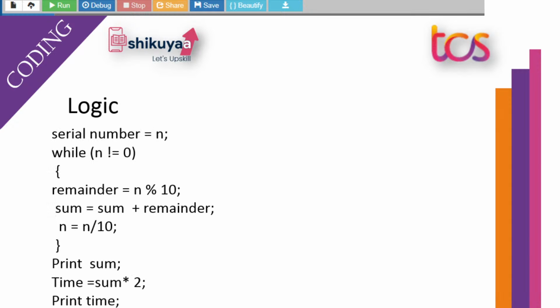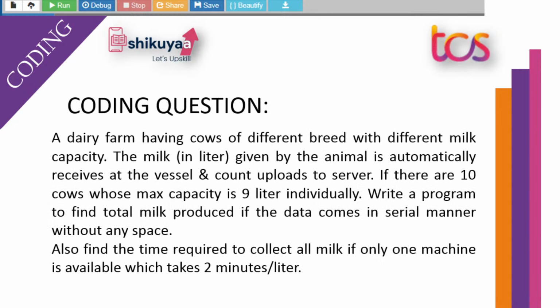So I'll put down all the given contents first. There is a dairy farm having cows of different breeds with different capacities, and the milk in liters given by the animal is automatically received at the vessel and the count uploads to the server. So this is an automated dairy plant like system.